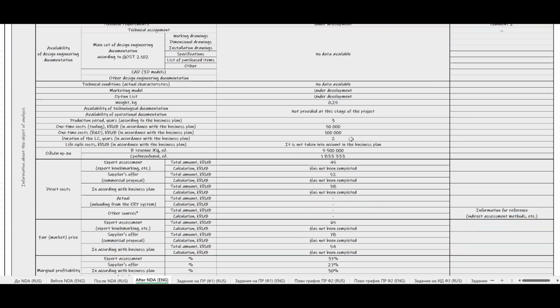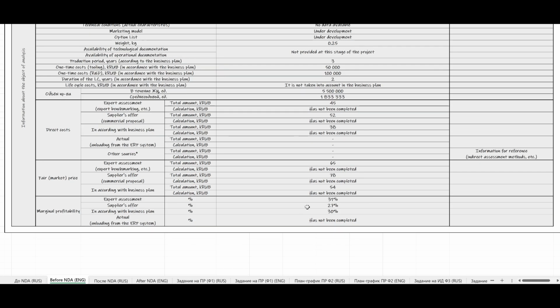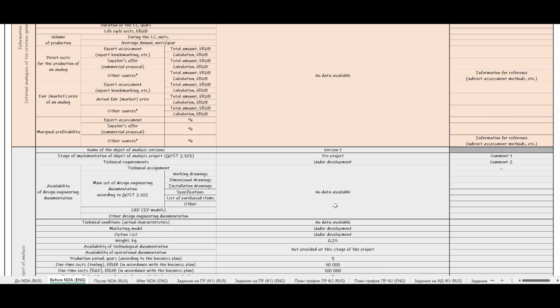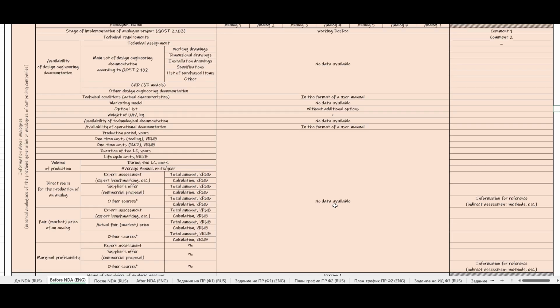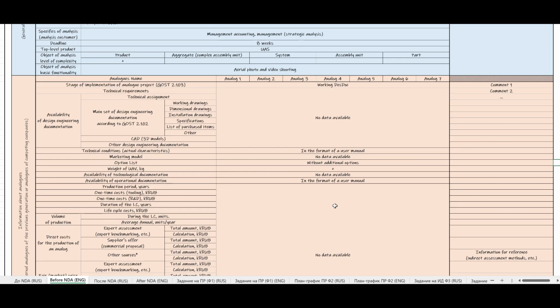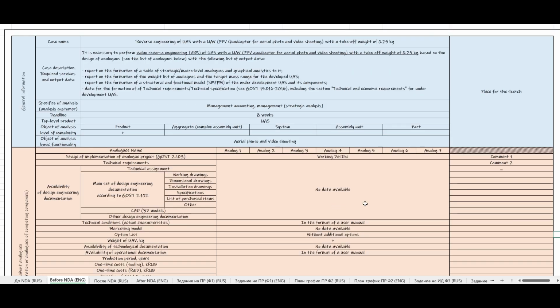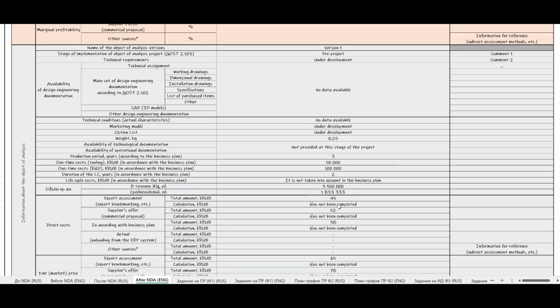In other words, if there is certain data, a plus is put down, if there is none, a minus is put down. The point of creating the before NDA variant of the form is that on its basis it's possible to pre-evaluate the availability of initial data for analysis of several product components and select the most promising ones from them.